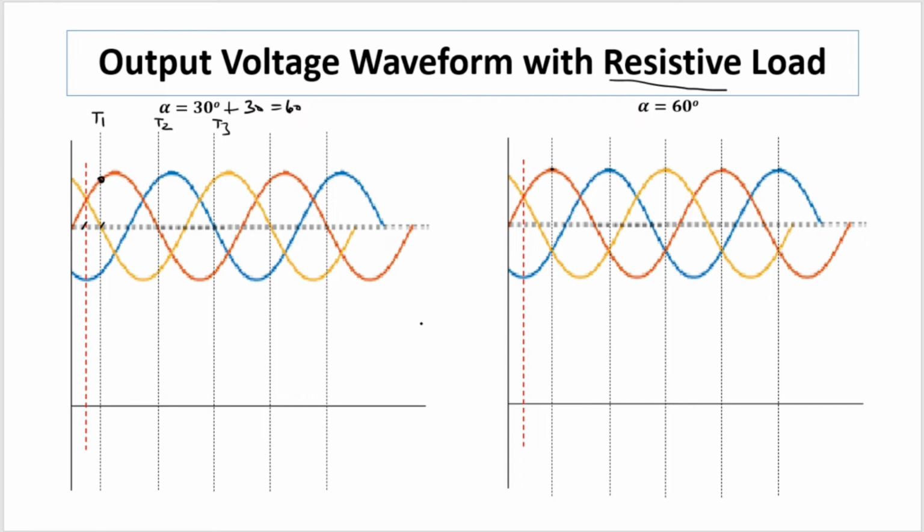Whenever the circulating current through the thyristor falls well below the holding current, the thyristor will be automatically turned off. And in case of a pure resistor, whenever voltage reduces to zero, we will assume that current will also reduce to zero, and we'll consider that at that particular instant the thyristor will be automatically turned off, because it is the condition ideally where the circulating current through the thyristor becomes zero.